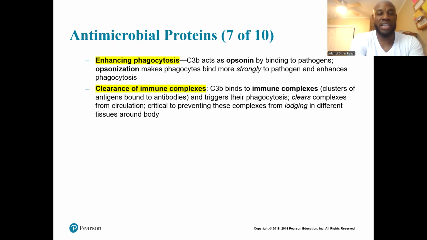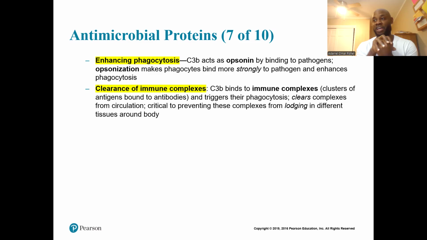We also can enhance phagocytosis, cell eating. So C3b acts as an opsonin by binding to pathogens, making phagocytes bind more strongly to the pathogen. It basically makes that pathogen more likely to be ingested by a phagocytic cell, one that operates by phagocytosis.